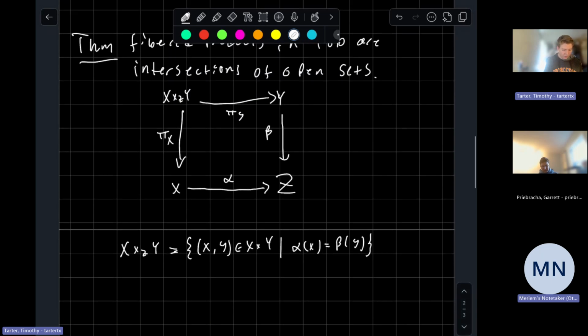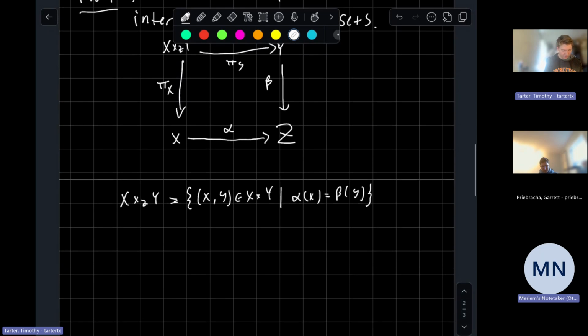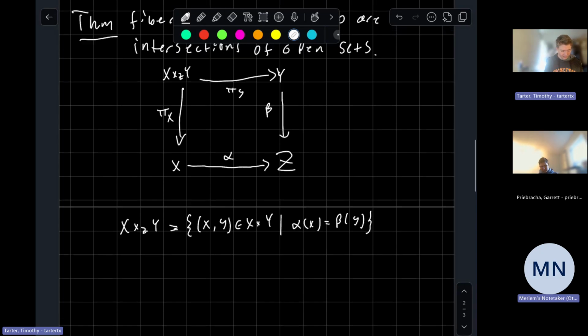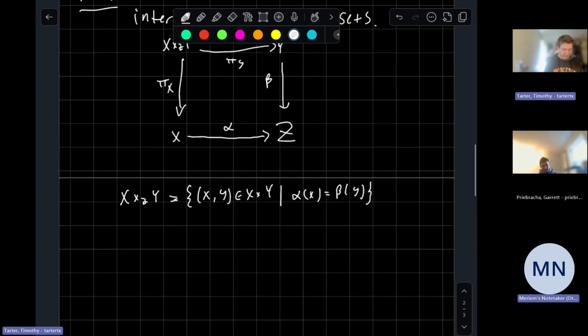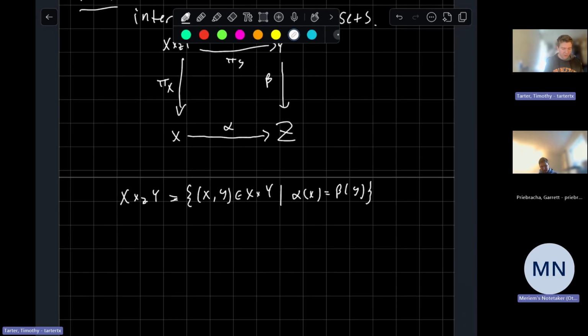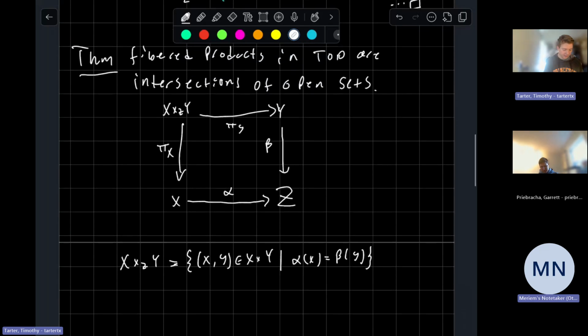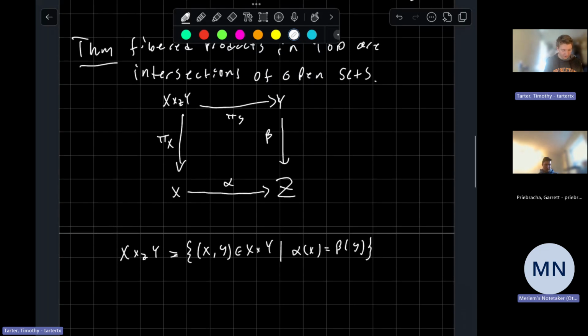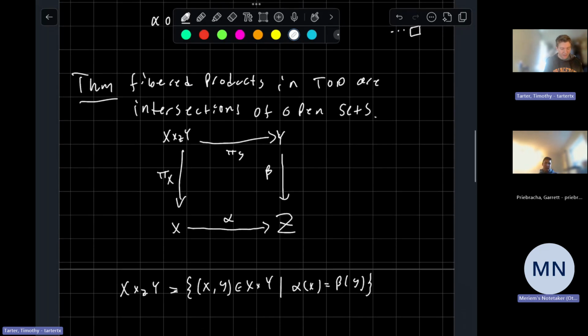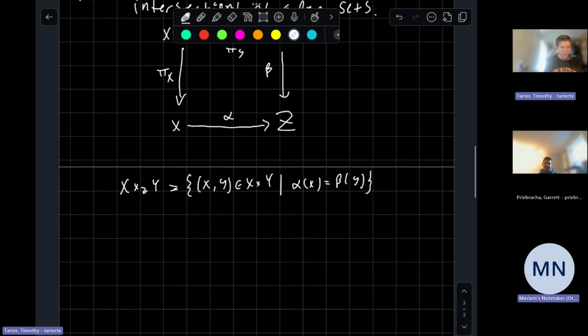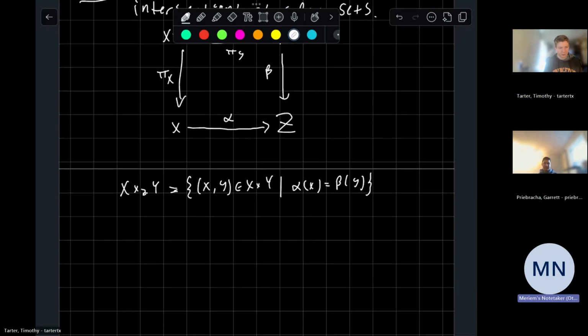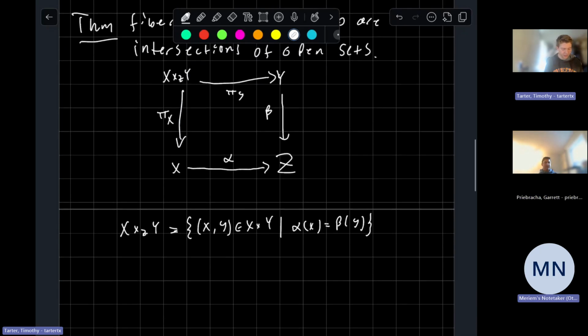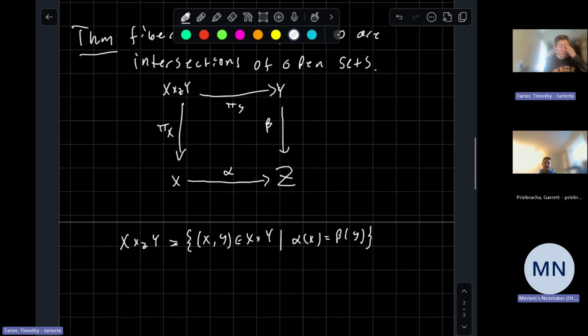Well, x and y are open sets in X and Y. And so the image of an open set isn't necessarily open, unless alpha and beta are continuous, in which case we do get this kind of thing out just by how we set up morphisms of the category of topologies.